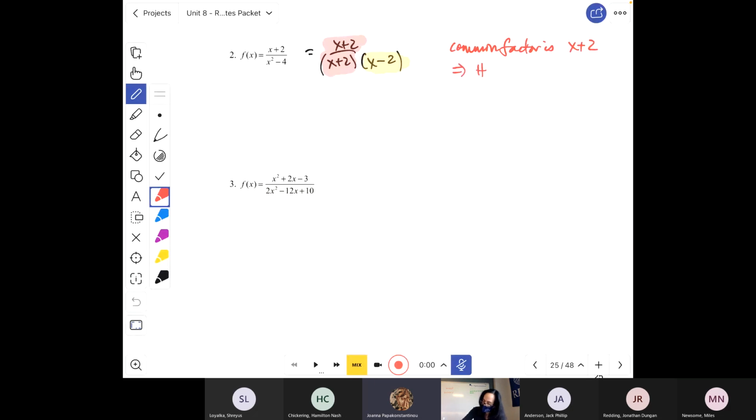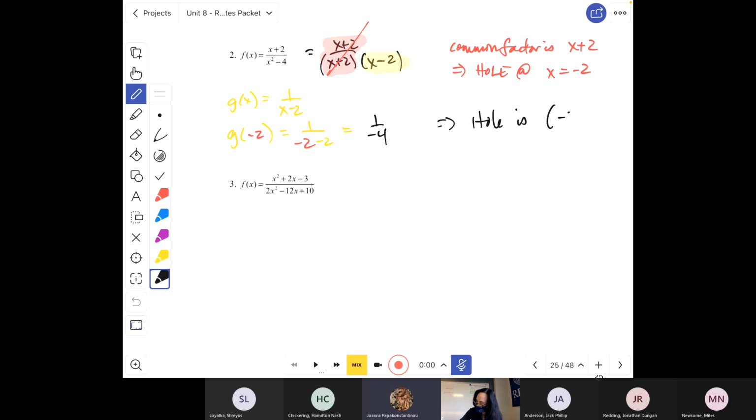So that implies that there is a hole at x equals -2. So I'm going to reduce it. I'm going to get g of x equals 1 over x minus 2. And then I'm going to substitute in that x value that I just said is where the hole is. And I get 1 over -4. So that implies that my hole is at -2, -1/4.